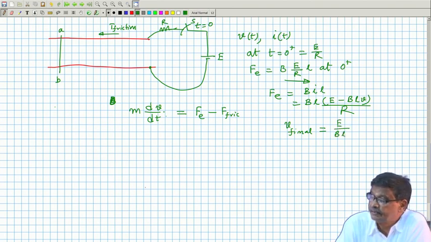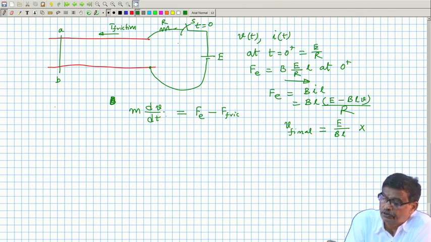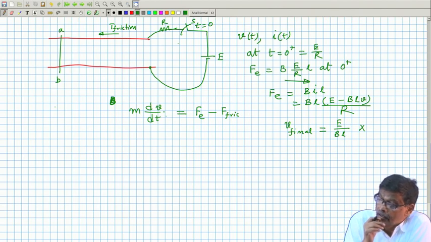In this case, the answer is no, because if it is E by B L, then current drawn will be 0, and there will be no electromagnetic force present. So, what will be the final velocity?